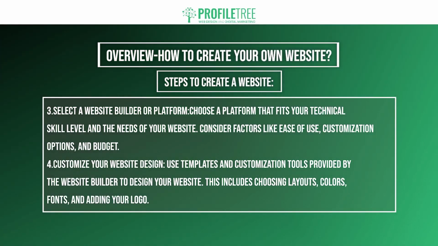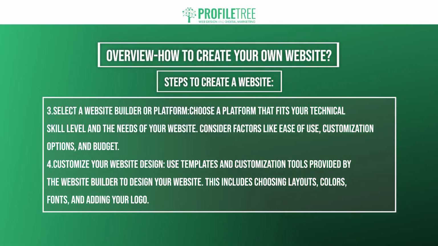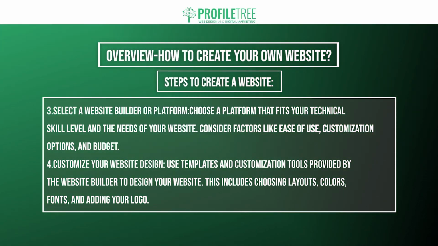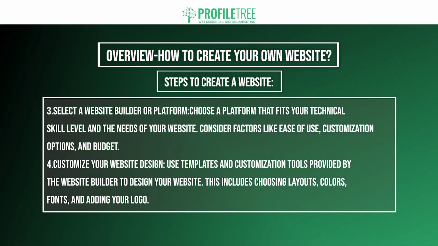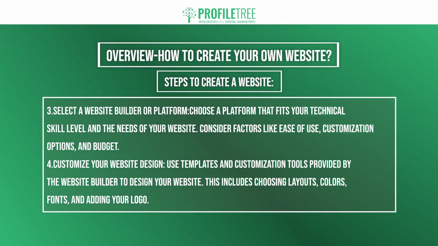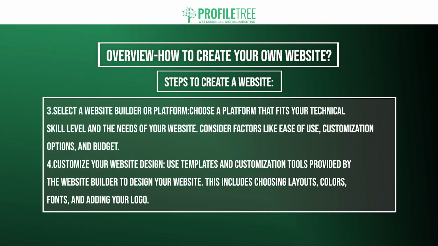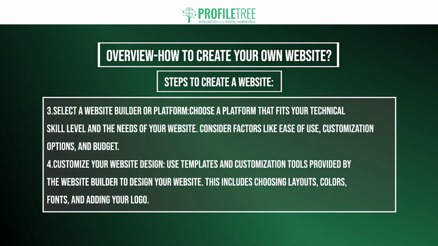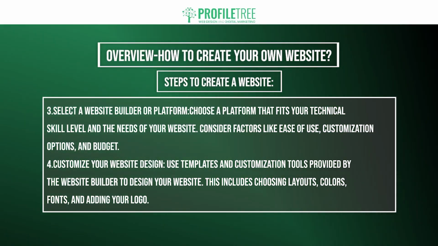Now these normally include choosing layouts, colors, fonts, adding your logo, and even to the point where you're picking out how many pages you want. So there's a lot of customization that goes into website design. So when you are creating your website, you have to go through a bunch of options and a bunch of tools in order to create that overall design that you're looking for.